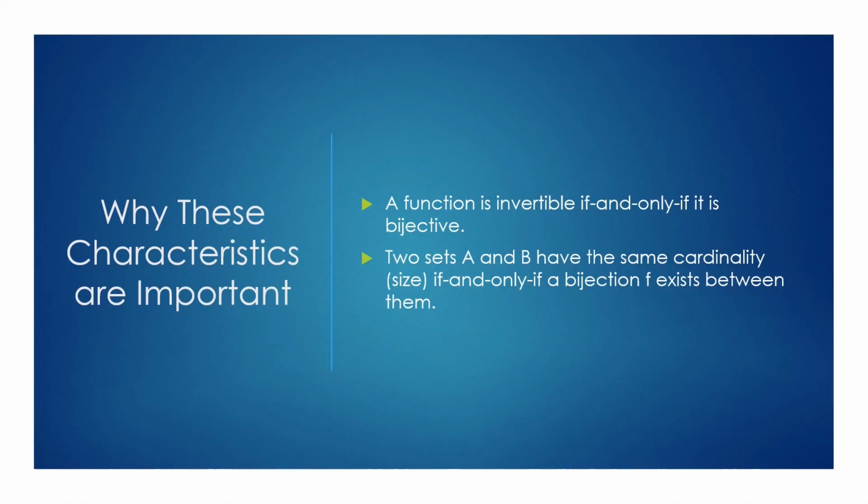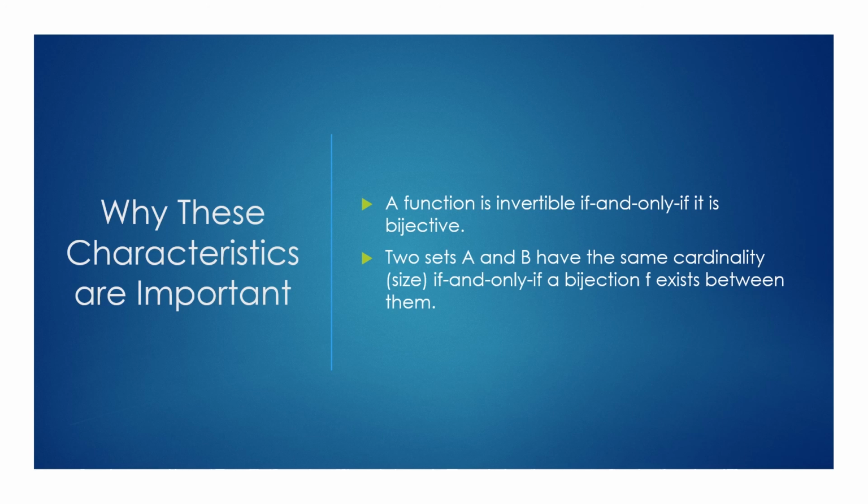So why are these characteristics important? Well, first of all, a function is invertible if and only if it is bijective. So that last column where it maps one-to-one and onto, that function is invertible. We can take and switch around the domain and the codomain and have a new function that maps from what was the codomain to the domain. And that's an invertible function, and they're very useful.